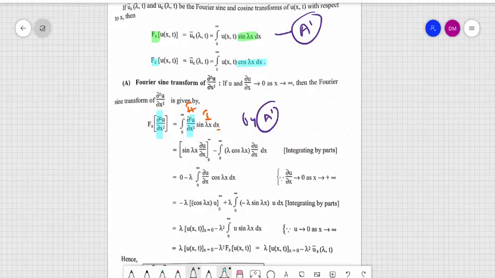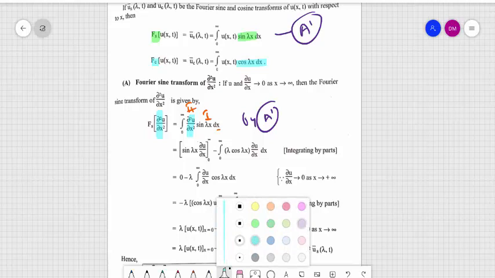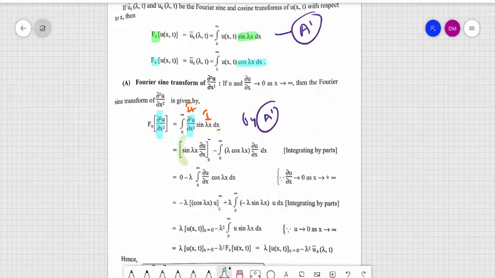We don't consider anything else here. As x equal to 0, directly sin 0 is 0. So here the first part's value is 0. Just focus on the second term.